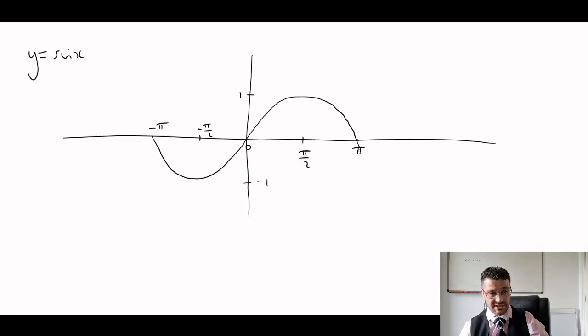So I'm going to continue this, so that goes up to 2 pi. In fact, I'll draw it in as a solid line. So 3 pi by 2. And it does go in the other direction as well, indefinitely, but I'm not going to necessarily draw it all in. So we've got something like that.